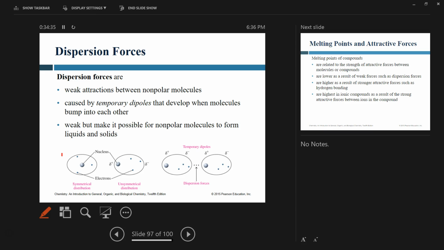Water, which is a polar molecule at room temperature, what physical state does it have? Liquid. And it's liquid because there are very, very strong hydrogen bonds between individual water molecules. Is that clear? Because water molecules are attracted to each other very strongly. Second question.